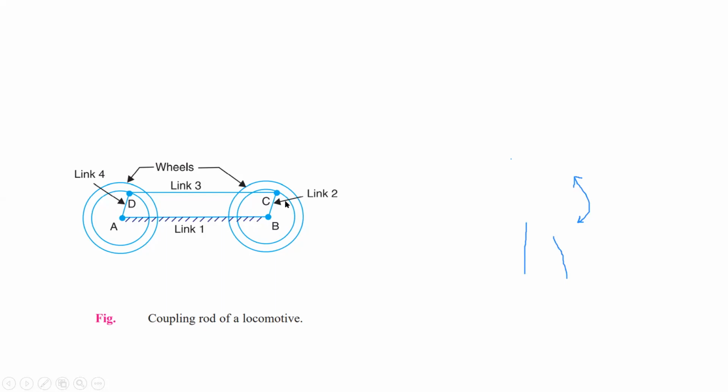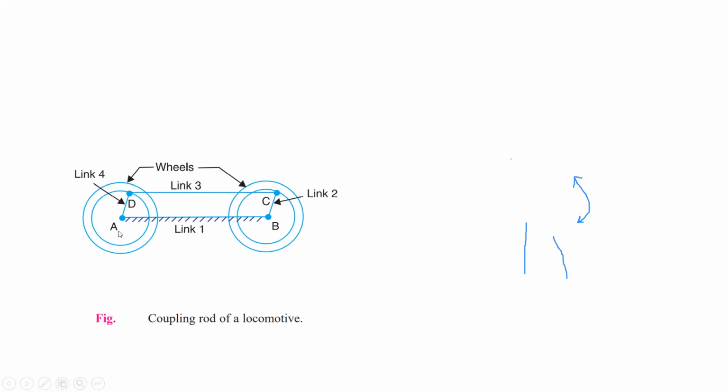Means here there are two links which are making complete revolution. Okay, so it is called as double crank mechanism. Double crank mechanism.